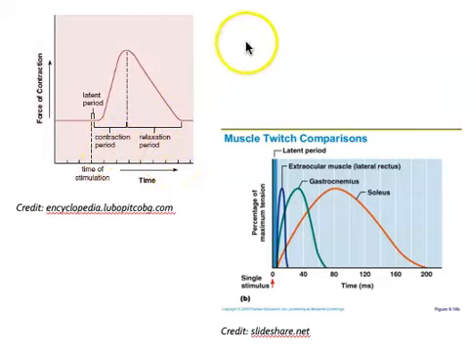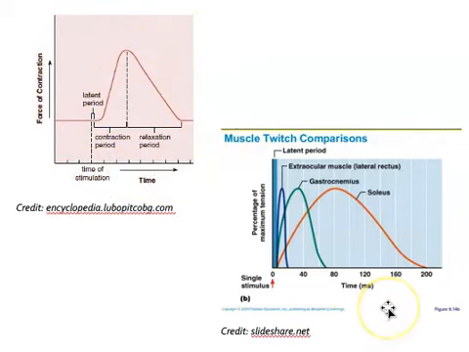Now compare that to this, which is a combination of twitches in 3 different muscles. It turns out that while a twitch is a twitch, no matter which muscle you're in, the twitch itself is the same thing.